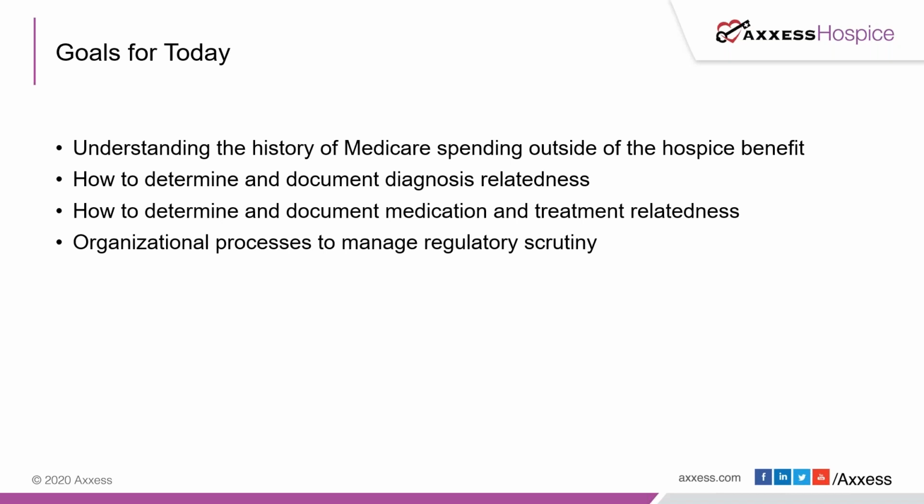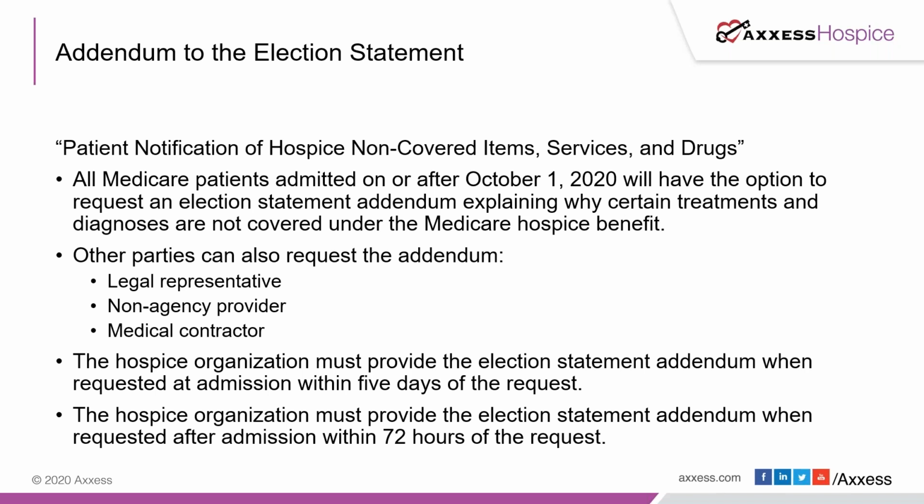But the big trigger of why everyone's talking more about relatedness right now is this addendum to the election statement that started with fiscal year 2021, which was last week. It's officially called the Patient Notification of Hospice Non-Covered Items, Services, and Drugs. Now, all Medicare patients admitted on or after October 1st, 2020 is who this applies to at this time.